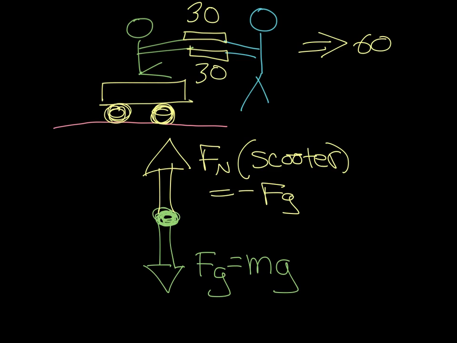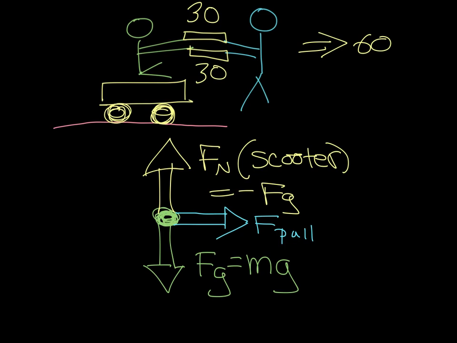And then we've got the pulling force of our person. What we are going to do specifically here is pull with a force just big enough so that we're pulling with a constant speed.